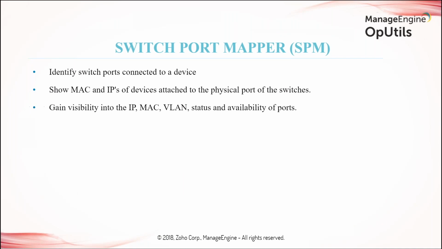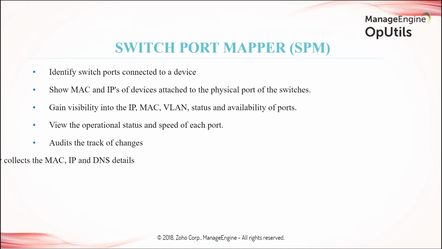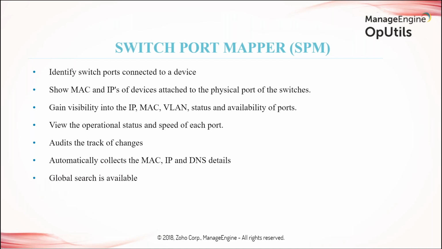It gives you visibility into the IP, MAC, VLAN status and available ports of each and every switch, lets you view the operational status and speed of each port, and also audits and tracks changes: what devices are being connected on each and every port. We have a history for each port, and it automatically collects the MAC, IP, and DNS details and updates them in the Switchport Mapper.